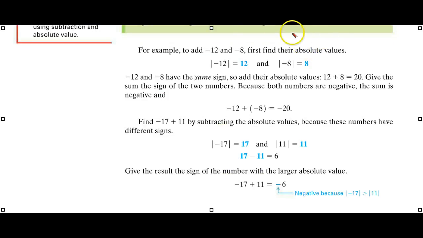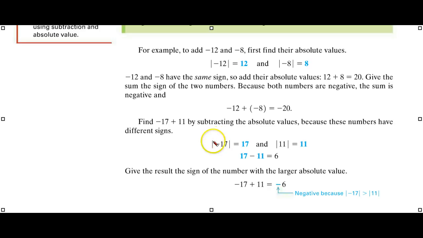So here are some general examples. Absolute value of negative 12 is 12. Absolute value of negative 8 is 8. They both have a negative sign. So if we were to add these together, it would be 12 plus 8 is 20, and then we add the sign since they're the same.